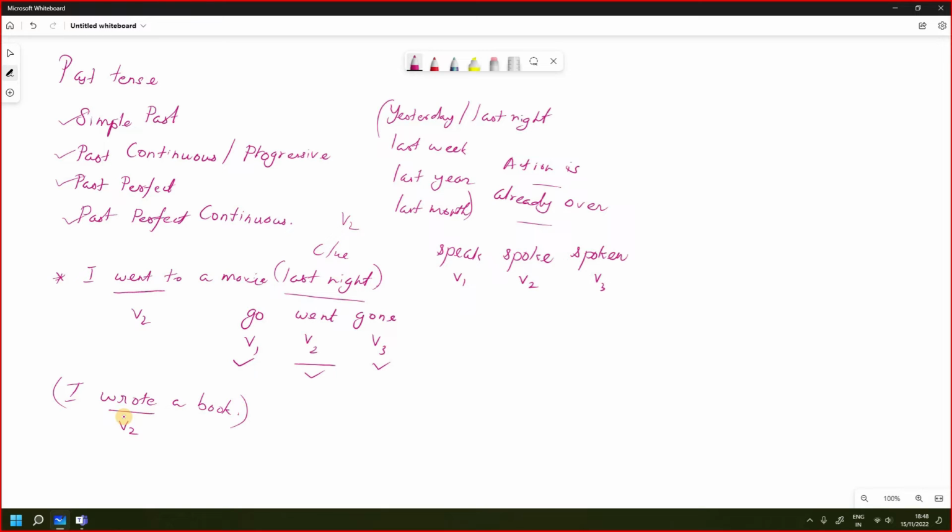If you're not particular about any grammar or any tense, then this sentence is correct. Because all you have to say is I wrote a book. But in terms of grammar, in terms of being perfect, this sentence is incomplete because it is not telling when I wrote a book.